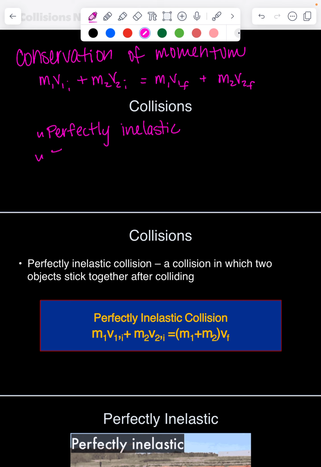Then we're going to have elastic collisions, and then explosive collisions. Just to give you a hint, we talked about two of these in our original conservation of momentum notes. We're going to start with perfectly inelastic collisions.